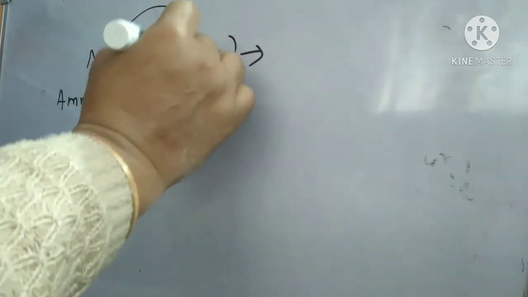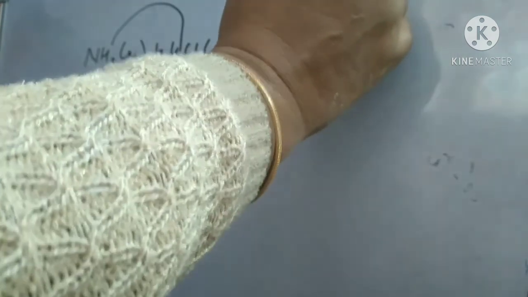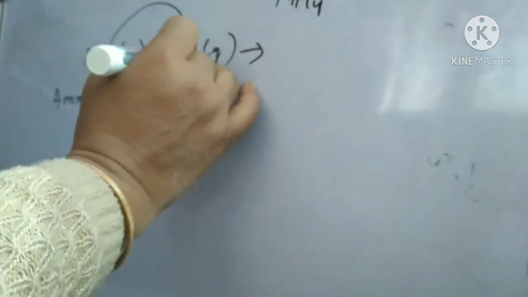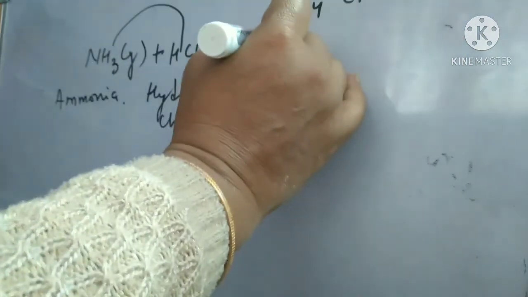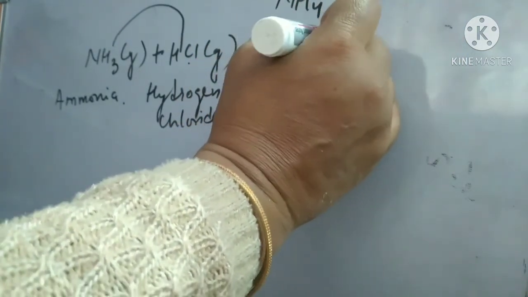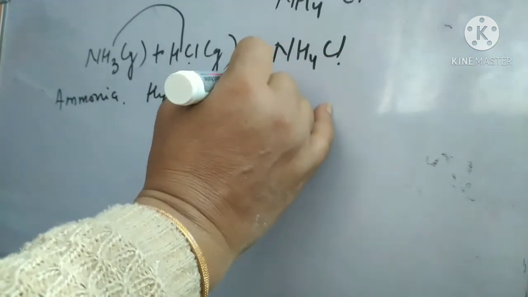Ammonia and hydrogen will form a radical, that is ammonium NH4 1 plus, and chloride, Cl 1 minus. So it will form a solid, that is ammonium chloride.